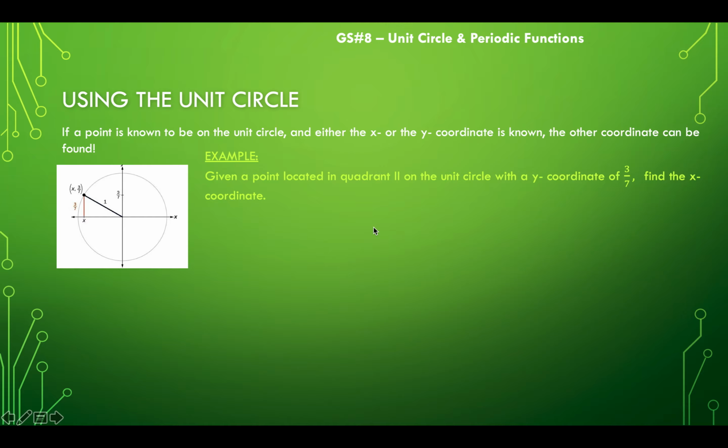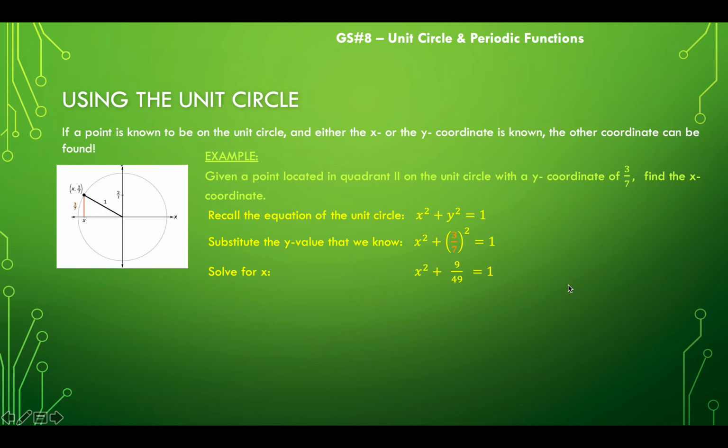We would remember that the equation of the unit circle is x squared plus y squared equals 1. Then we take what we know to find what we don't. We take the y value, 3/7, and put it in this formula for y. The only variable left is x, so we can go ahead and solve for x.